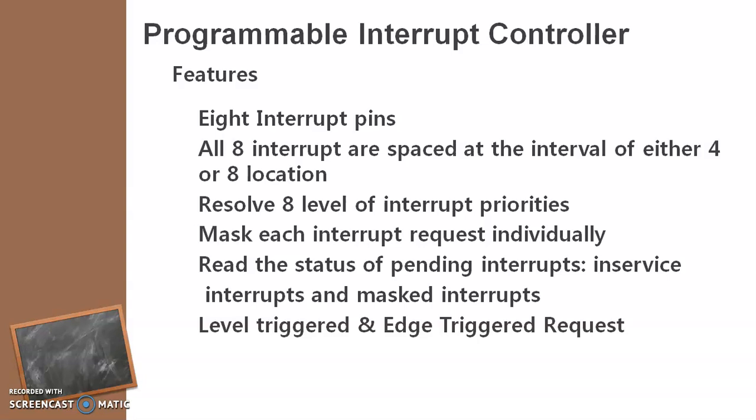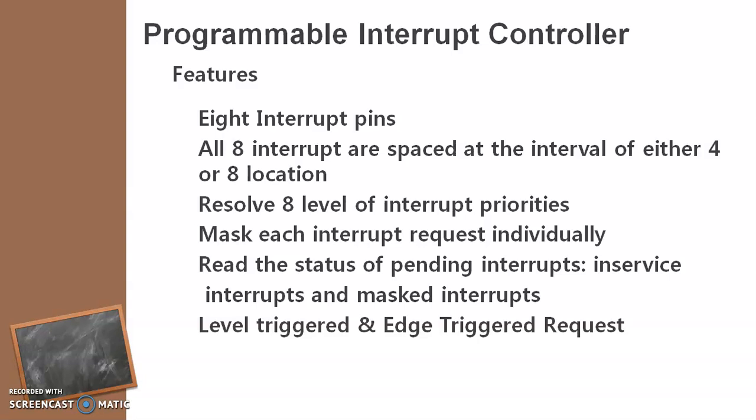For the maskable interrupt, the processor may suspend it for some amount of time because of some urgent internal execution work. What happens if an interrupt signal appears? The processor will suspend the current instruction execution. If it is in the middle of an instruction, fetching a byte from memory, it will complete that instruction.